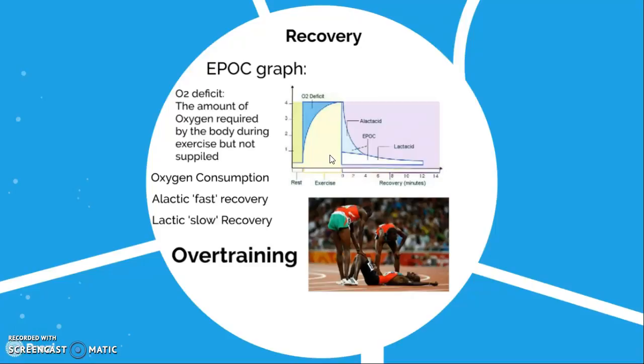And then the second is the lactic recovery, which is a slow process and will happen over at least a couple of hours after training, but more a couple of days after training. And this is the removal of CO2, the removal of any harmful products that may have been created, like lactic acid, and will help replenish glycogen stores.